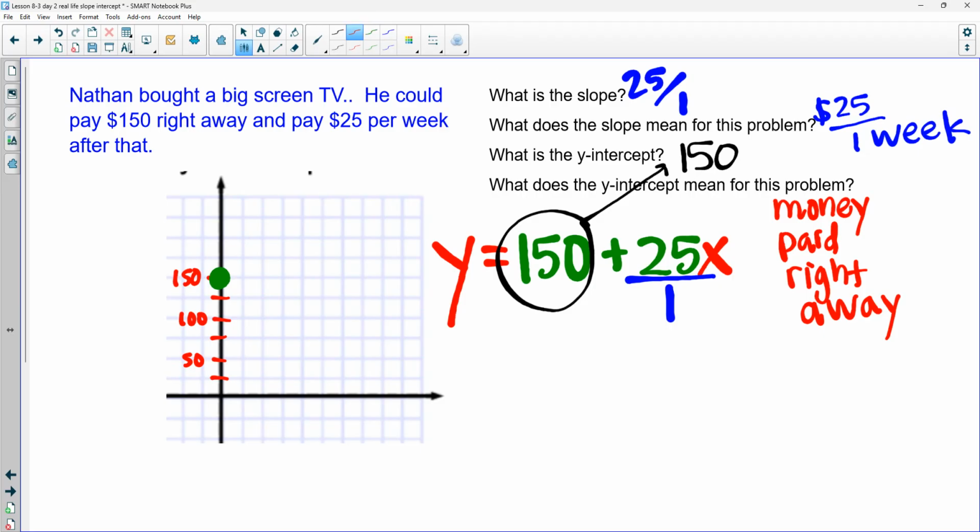And then every week, rise 25, run 1, rise 25, run 1, rise 25, run 1, rise 25, run 1. So that's the rate, the slope that he's paying off this TV with.